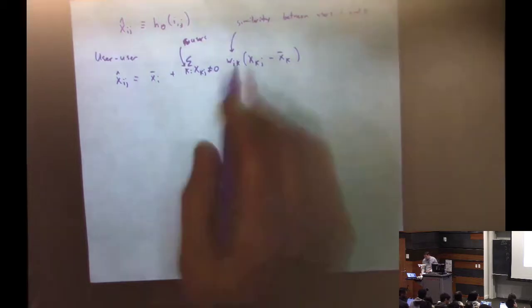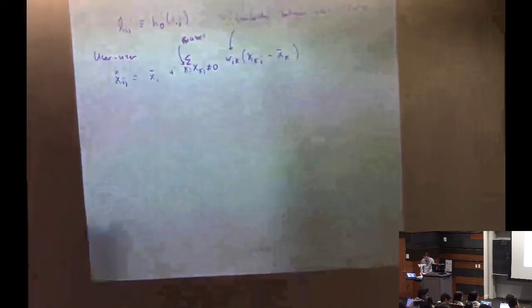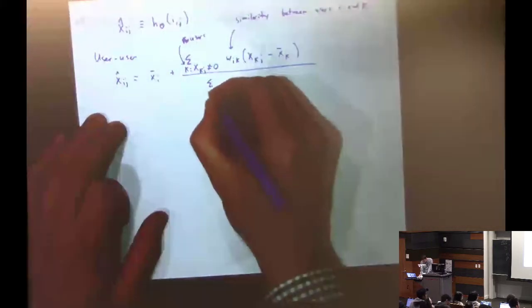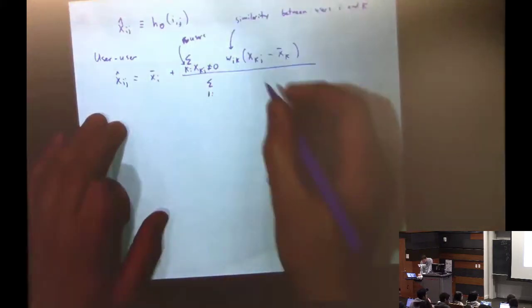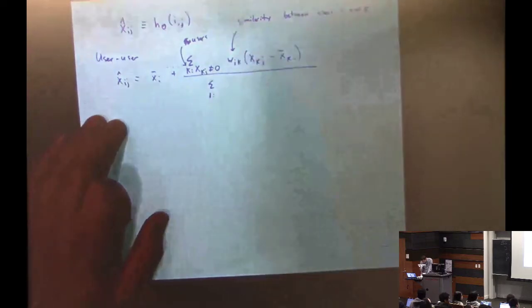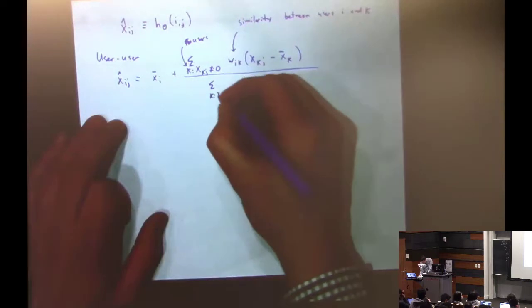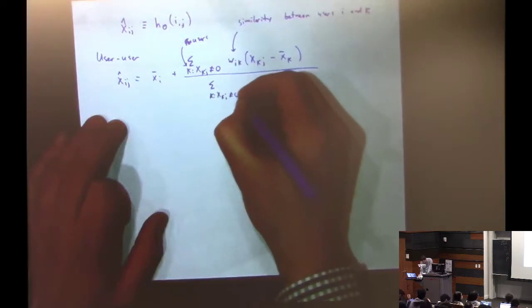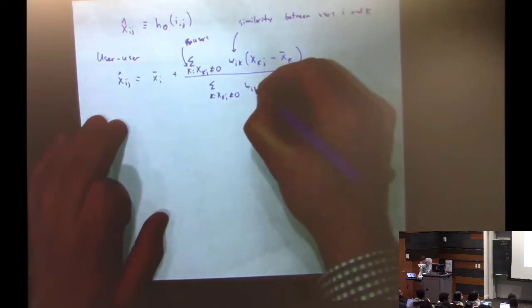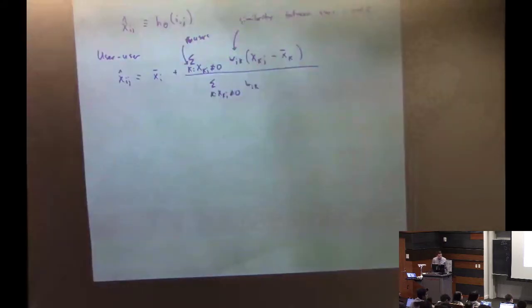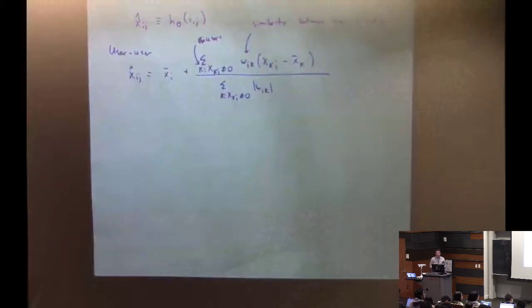Okay, and then I want to normalize this, of course. So I normalize by the sum of the weights here, over the same k such that x_kj is not equal to 0, of w_ik. Oh, actually, there should be an absolute value down there. Sorry. These can be negative as well as positive, so this is actually missing an absolute value.